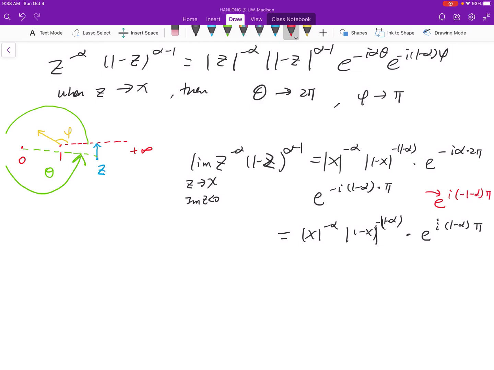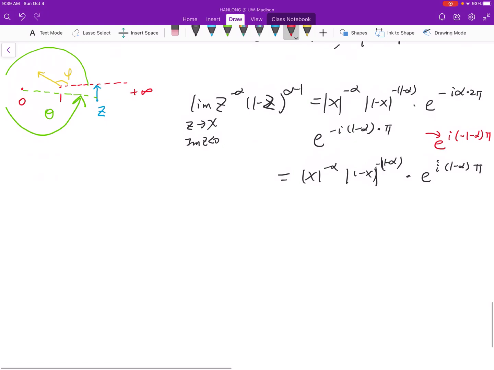But exponential i 2 pi is 1. So exponential i negative 1 negative alpha pi equals exponential i 1 minus alpha pi.